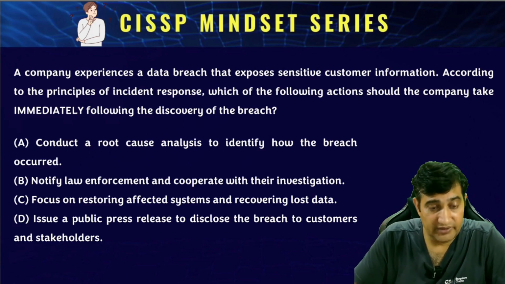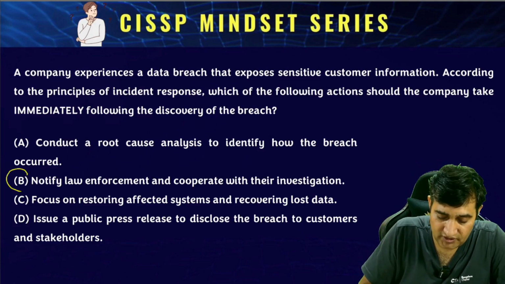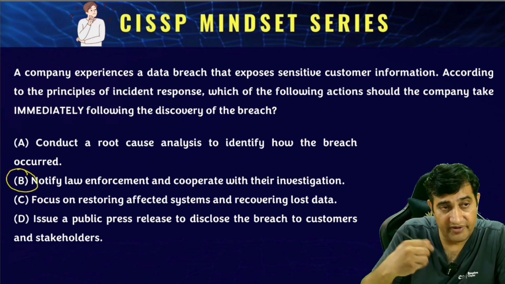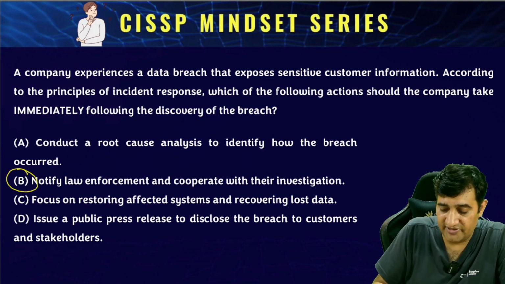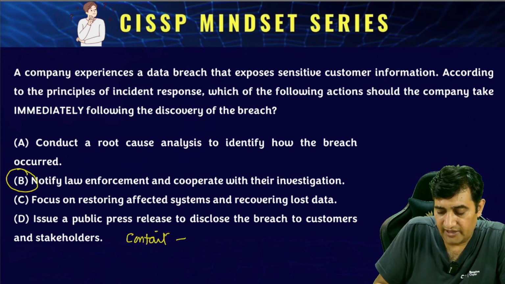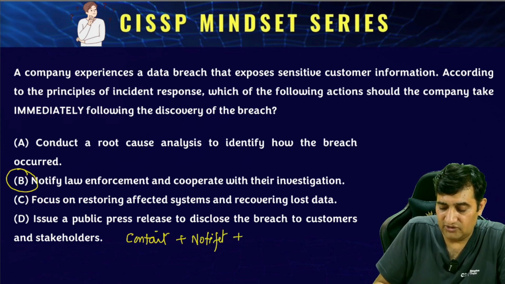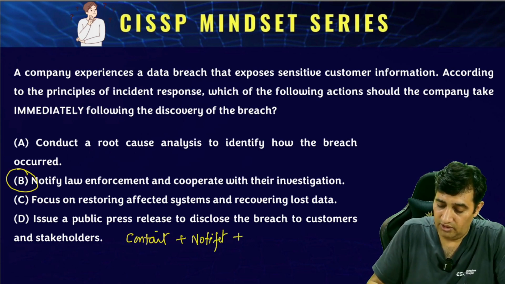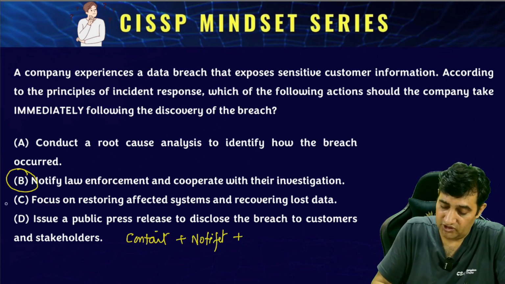Okay guys, so that is why the right option for this is this. So if we have to see this entire thing in a sequence, first will be containment, then notification or communication. Then focus on restoring.